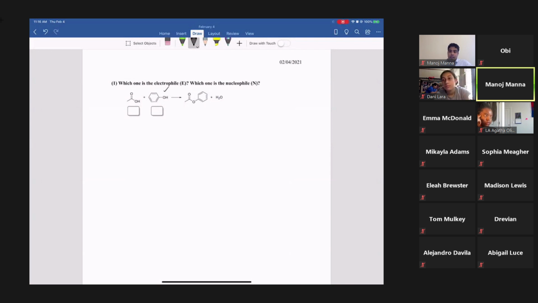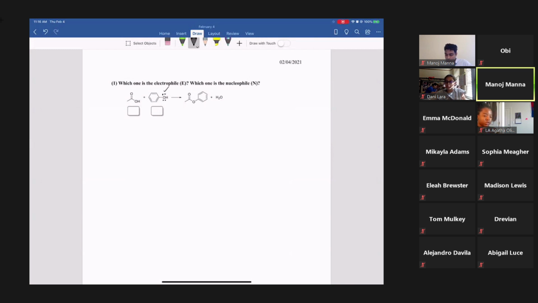Now we know that an electron deficient species is an electrophile, and an electron rich species is a nucleophile. Which one will you consider the electrophile and which one will you call the nucleophile? How can we decide based on the concepts we have so far? Here we can see the phenol has two lone pairs, right?